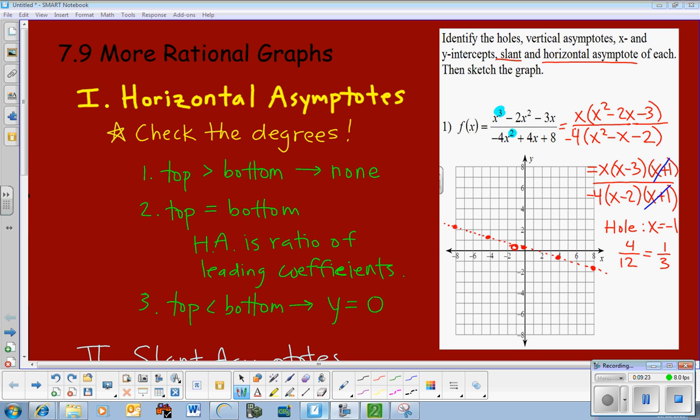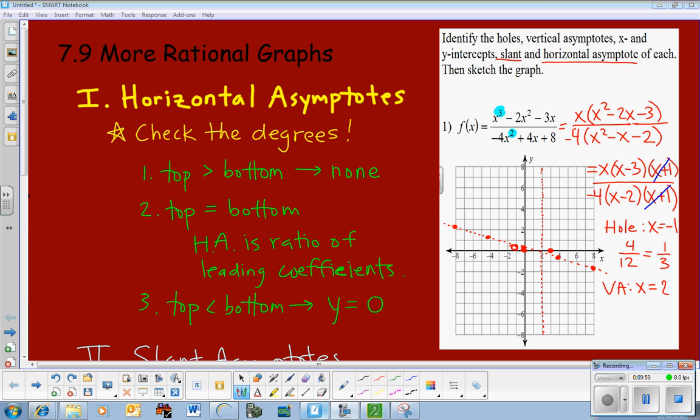My vertical asymptote is going to happen at 2, because 2 makes the bottom 0, but not the top 0. Here's my vertical asymptote. My x-intercepts are values that make the top 0 that did not get canceled out. So at 0, right here, and at 3, I have x-intercepts.